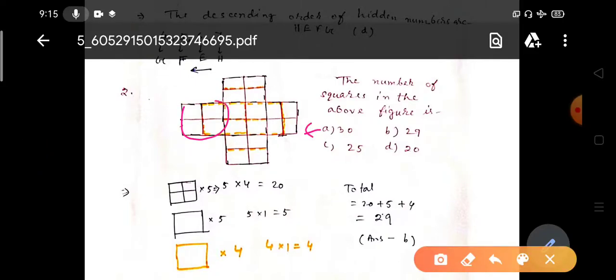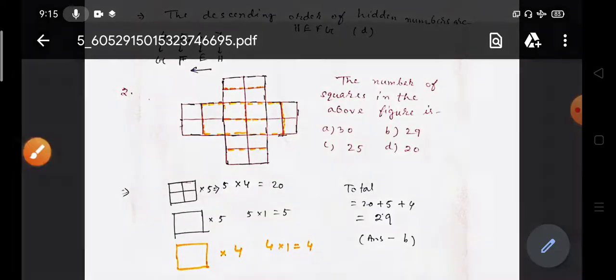So inside this one box there are a total of four squares. There are five boxes, 1, 2, 3, 4, 5, that is five boxes, 5 into 1 for the individual boxes. Now in one box there are several other squares, and there are a total of 4 squares, so 5 into 4, that is 20.